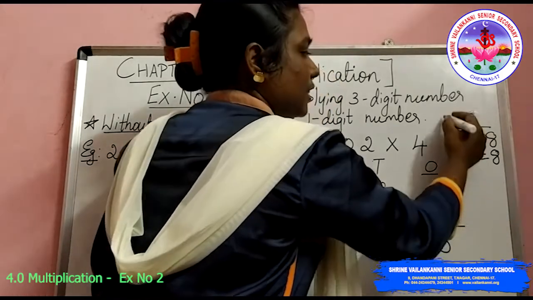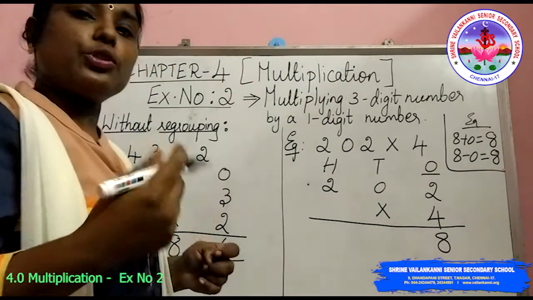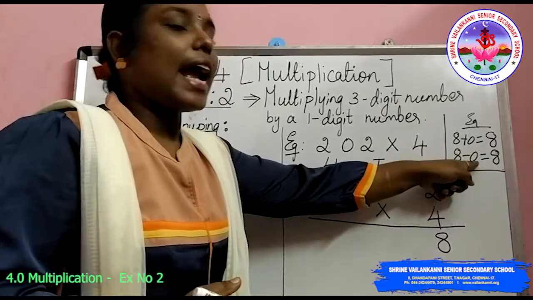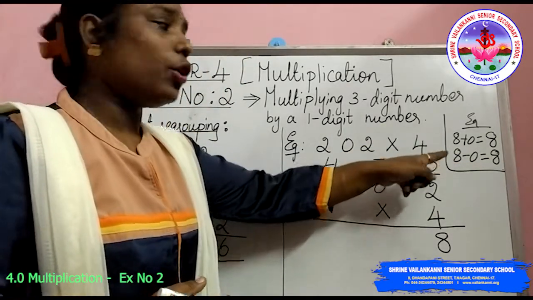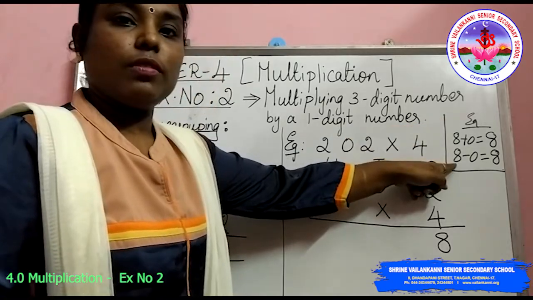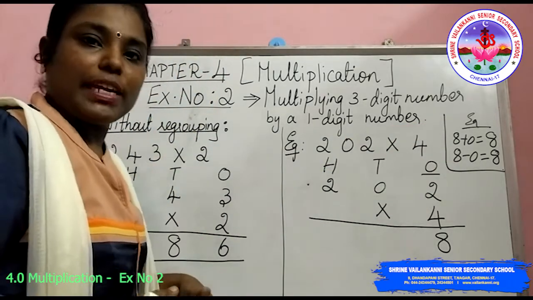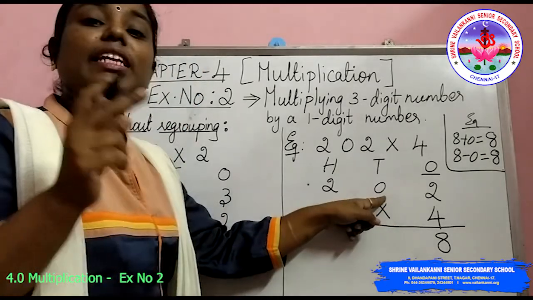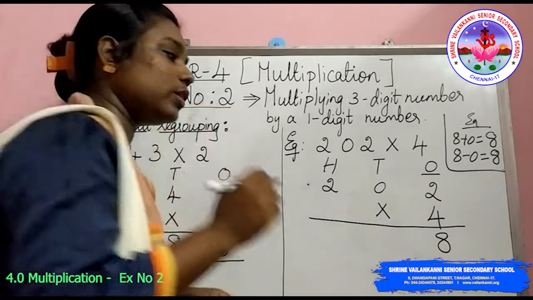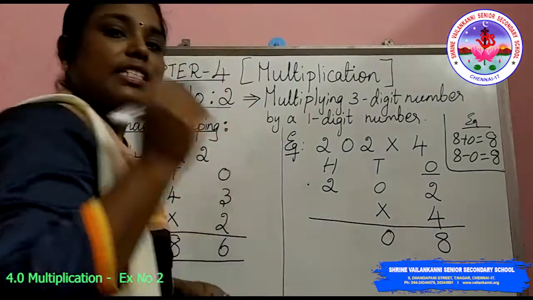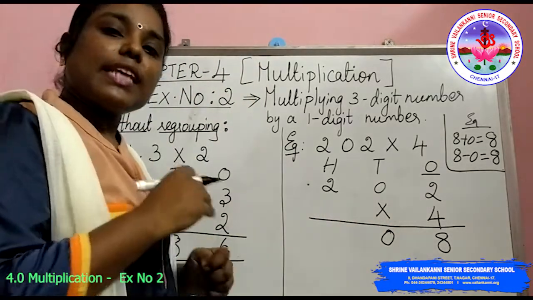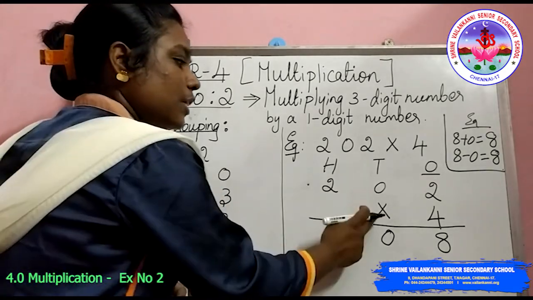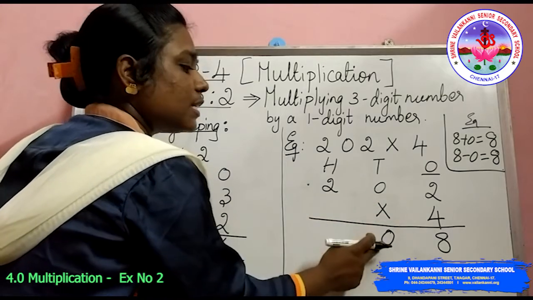Again you will get 8. This is what you used to do in addition and subtraction. Any number which is added or subtracted with 0, you will get the same number. But in the case of multiplication, any number which is multiplied with 0 will give you 0. The answer will be 0. Just keep in mind, any number multiplied with 0, the answer is 0 only. That is why I have given 4 into 0 is 0.